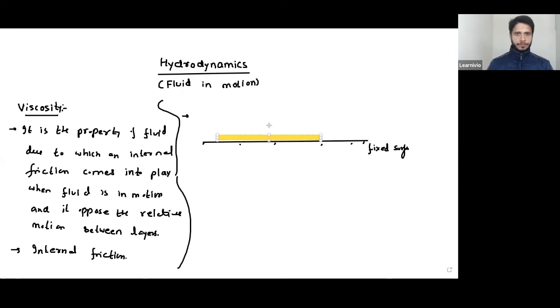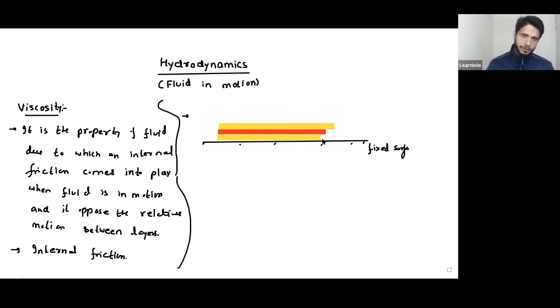This is the first layer. Then this is a different color. This is the next layer of the fluid. Then this is the next layer of the fluid, and so on.